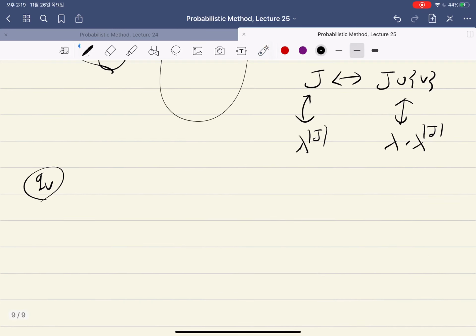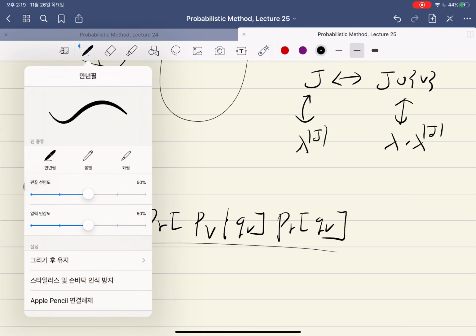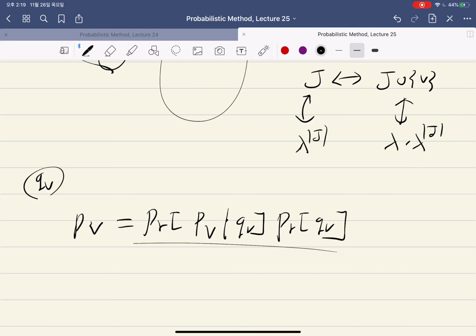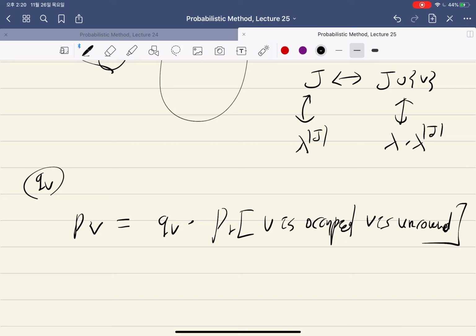So the probability of P_B is the same as the probability of P_B and Q_B, which is the probability of P_B given Q_B times the probability of Q_B. Sorry, P was a probability, not the event. P_B is Q_B times the probability that B is occupied, assuming B is uncovered.